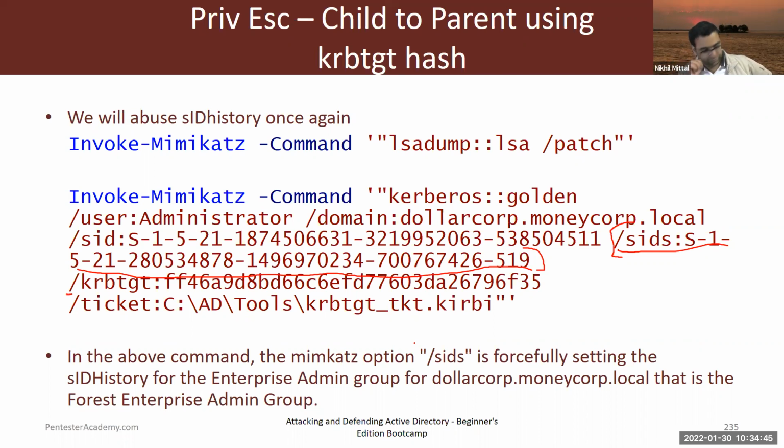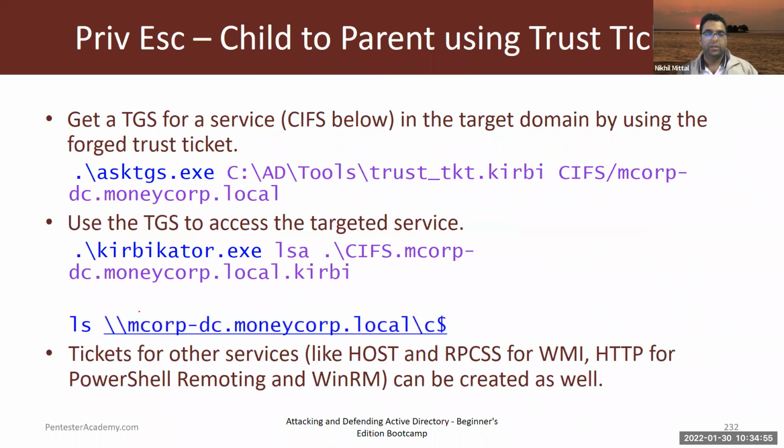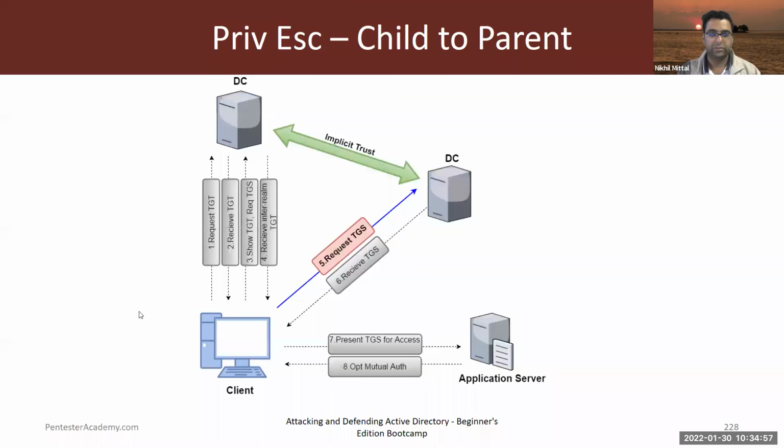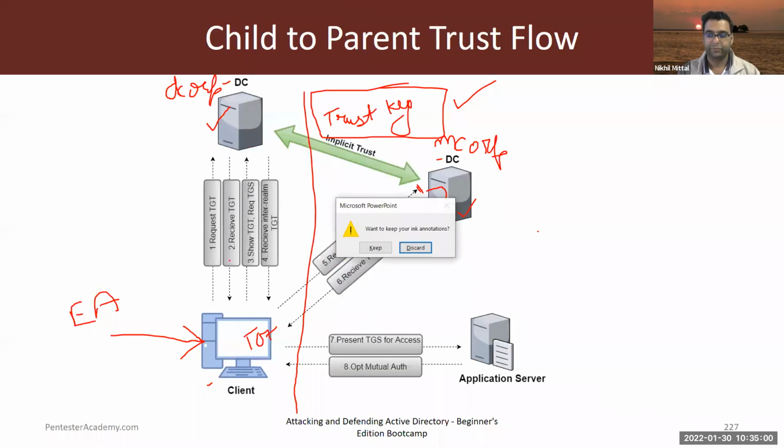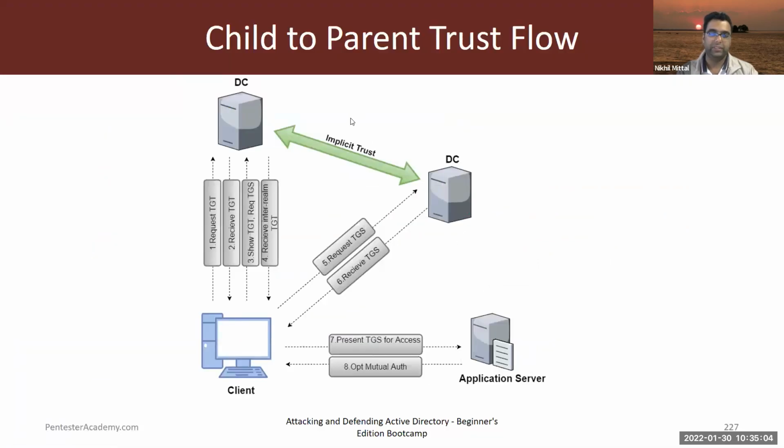Why? The answer to that why is this. If you go back to the diagram here, let's use the original one at this time. Previously, what we abused was SID history using the trust key here.